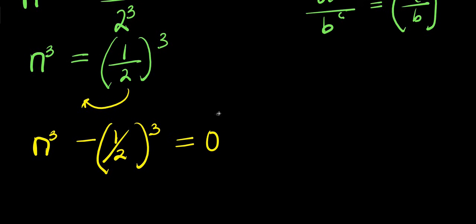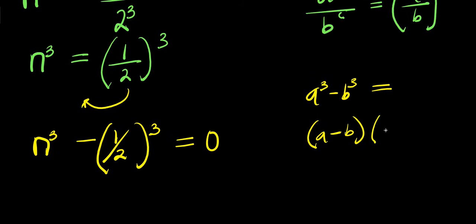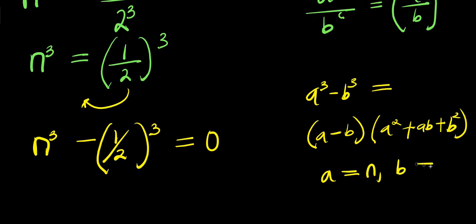So right now, if you have a power 3 minus b power 3, you have a minus b times a squared plus ab plus b power 2. And in this case, my a is n, while my b is 1 over 2.